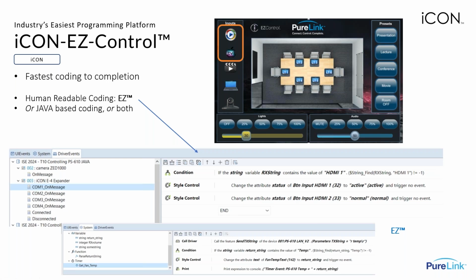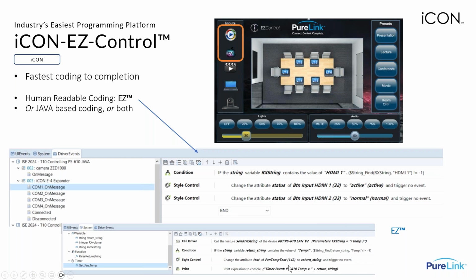So there might be a button that when it's pressed, it sends a command to a device. In this case, it's asking for the temperature data from our PS610 6x1 switch. And then when it receives that data, it prints that data to the user interface. There's many, many other things you could do.